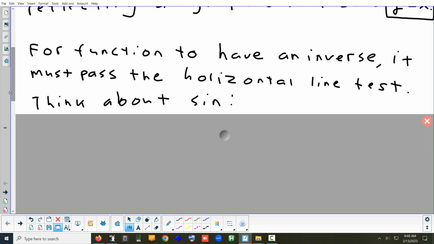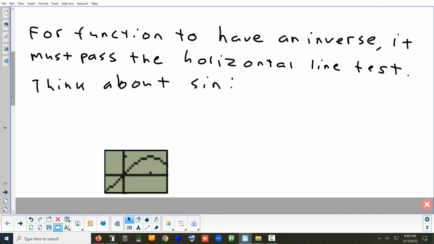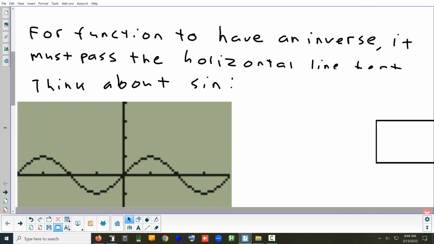So let's think about sine. There's the graph of sine. Now, it passes the vertical line test. So we know that sine is a function, meaning if you plug a number into sine, you will get only one number back.